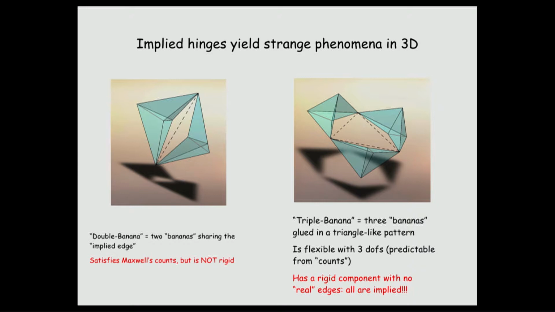They are implied. So this is a rigid component out of nowhere. There are no bonds, physical bonds that you can recognize. You have to have previously computed this and know that these are implied. And when there is no nucleation, such phenomena can happen and you don't know how to detect them a priori.